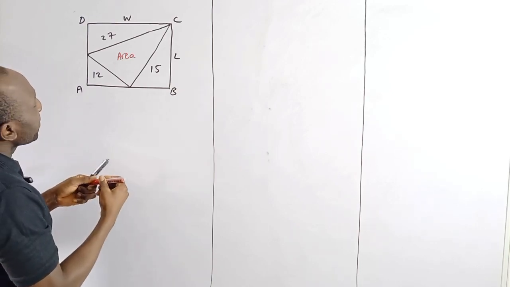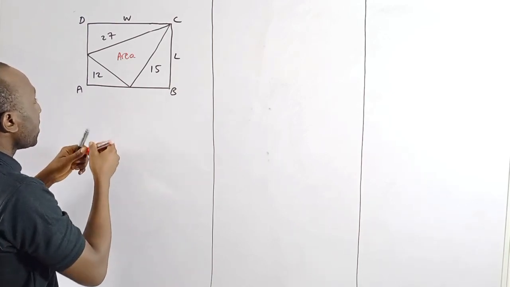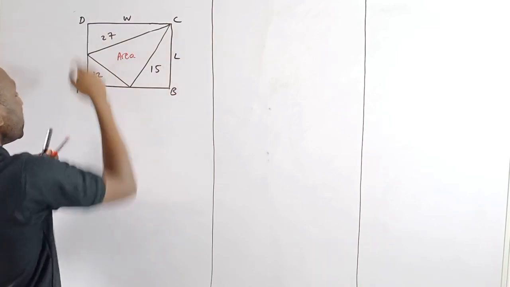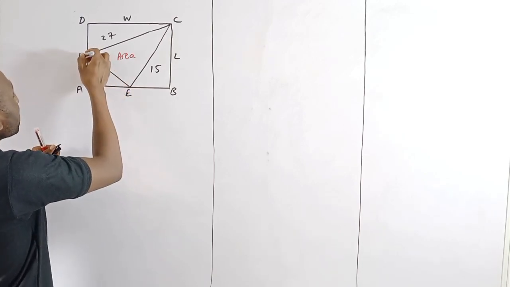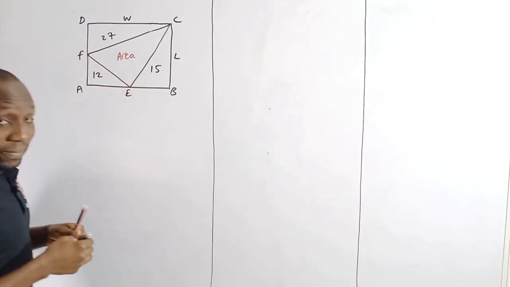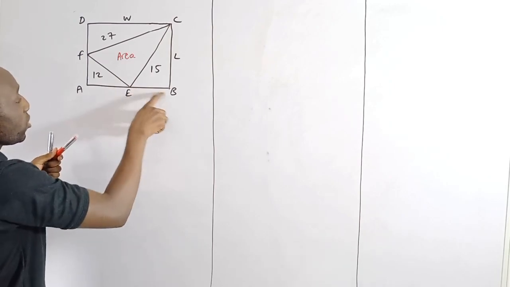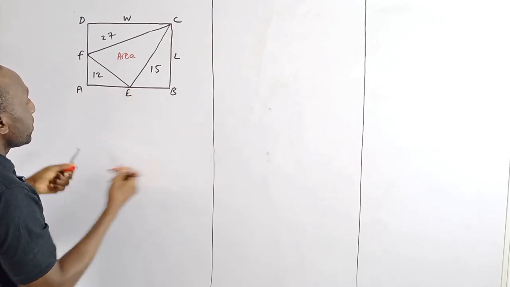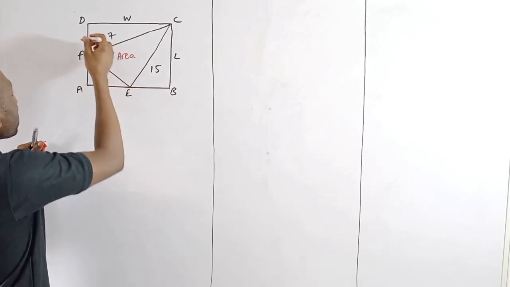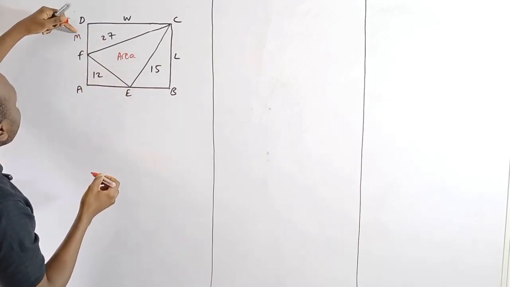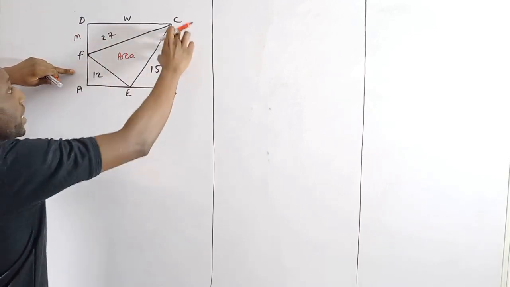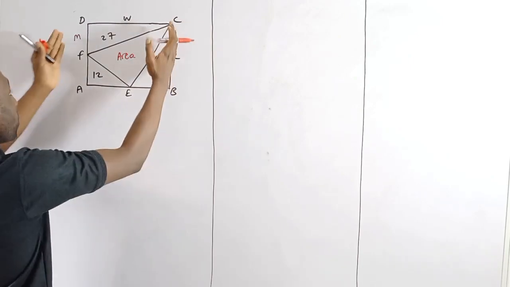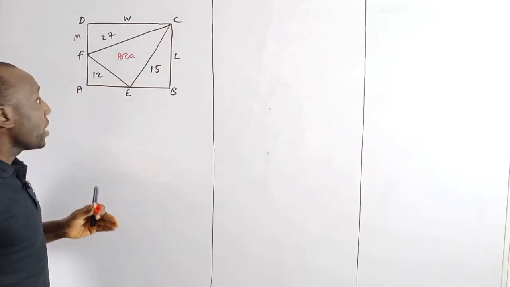Let this point be E, and this point F. If that's the case, from here to here, let's call this side M. If this side is M, what about this side from here to here? If from here to here is L, because the opposite sides of a rectangle are equal.